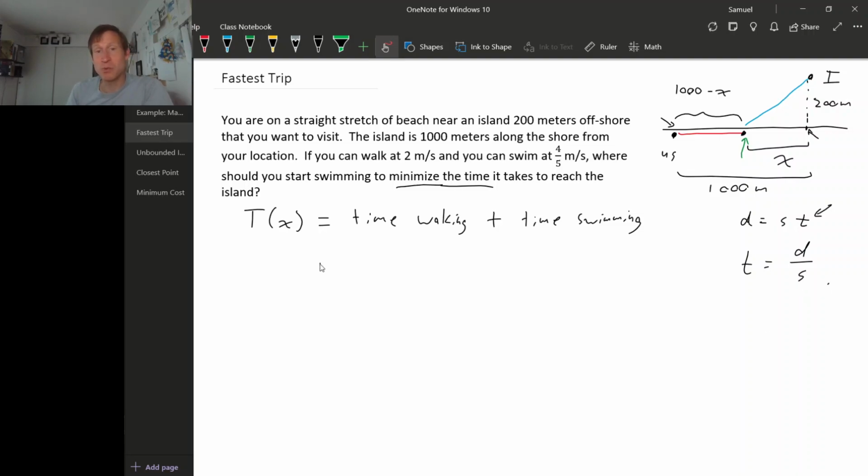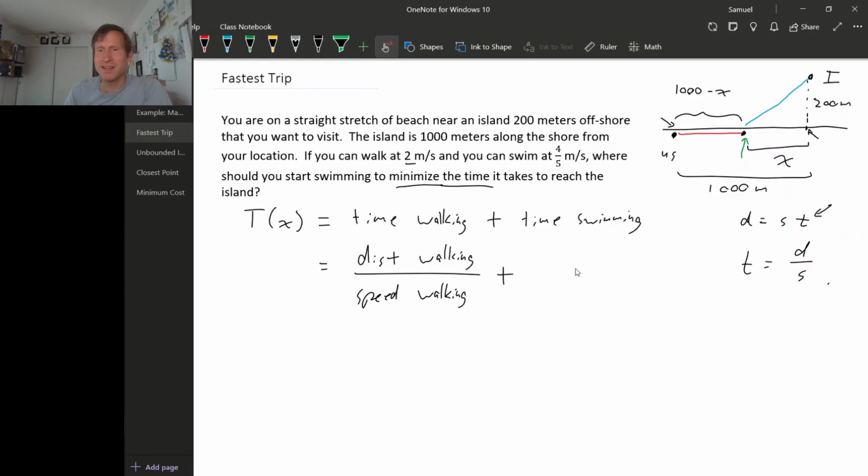All right, so as we're walking, we're traveling at a constant 2 meters per second. And so for the walking leg, the time we spend is the distance that we go when walking, divided by the speed that we go when we're walking.